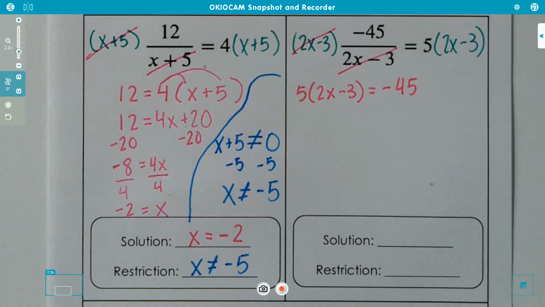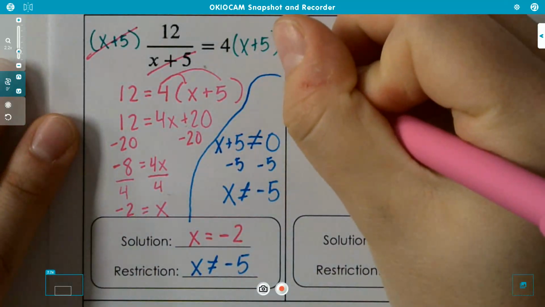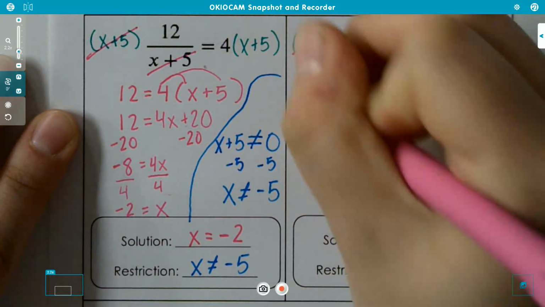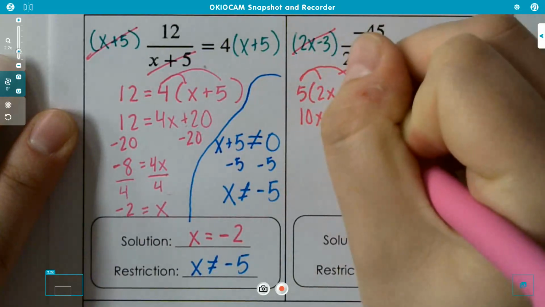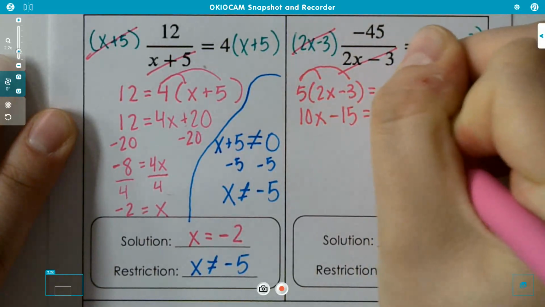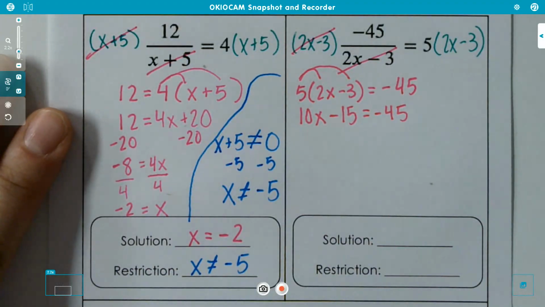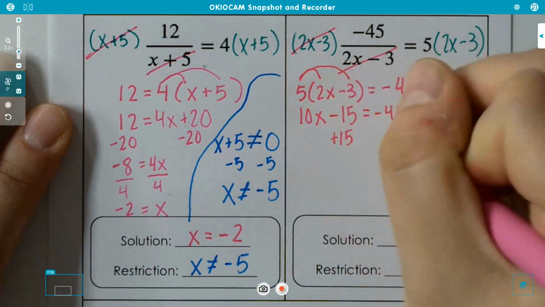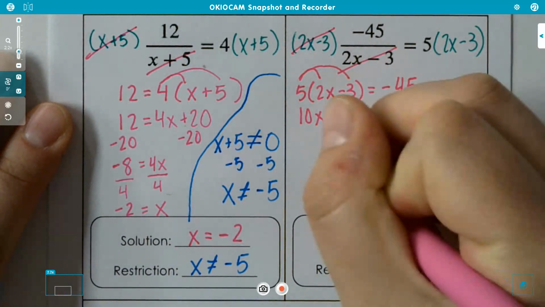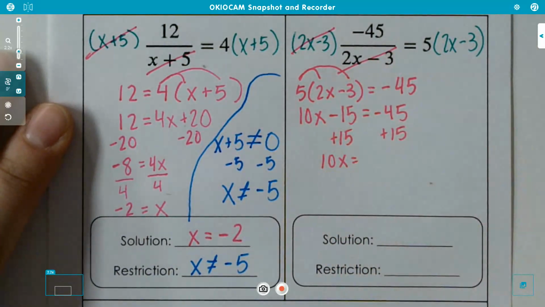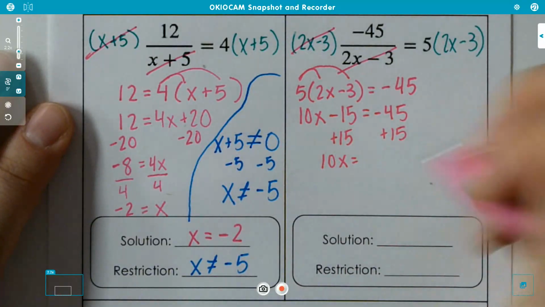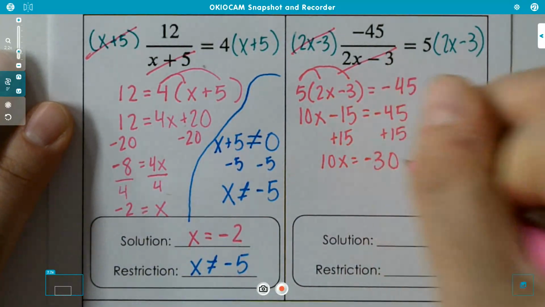So now we'll solve. So distribute. 5 times 2 is 10x. 5 times negative 3 is negative 15 equals negative 45. Okay, I'm going to add 15 to both sides. 10x equals negative 45 plus 15 is negative 30.